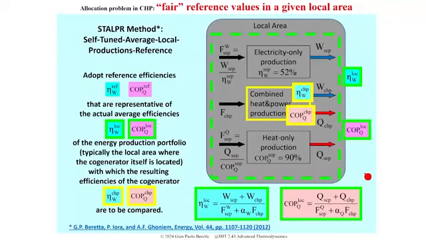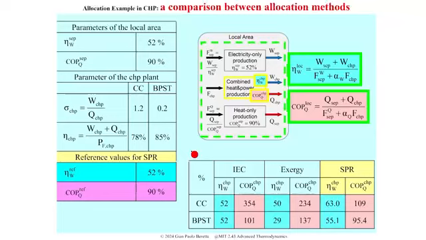And if I have given the correct values of alpha, I should get the same number, whether I look at it locally with small facilities or at the overall local area system. Okay. So that was the method that we have provided. And here's an example with some numbers.